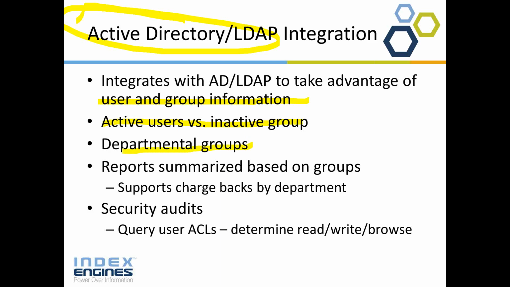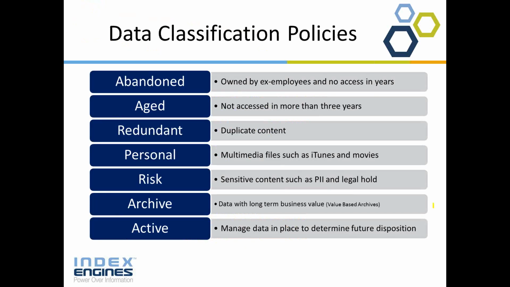Or you can summarize data by groups and departments, say, show me all the data owned by our HR department that hasn't been accessed in 7 years and so on. You can also query by ACLs to determine read, write, and browse permissions. So there's a lot of flexibility in how you can summarize and report on the data.